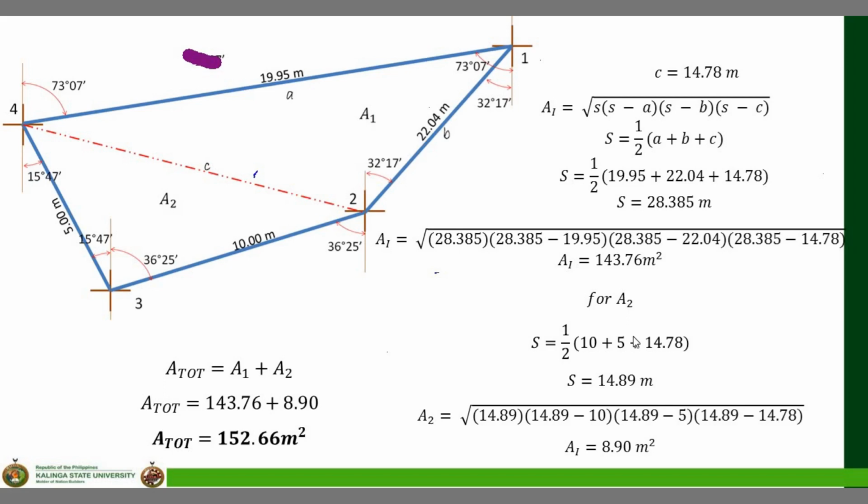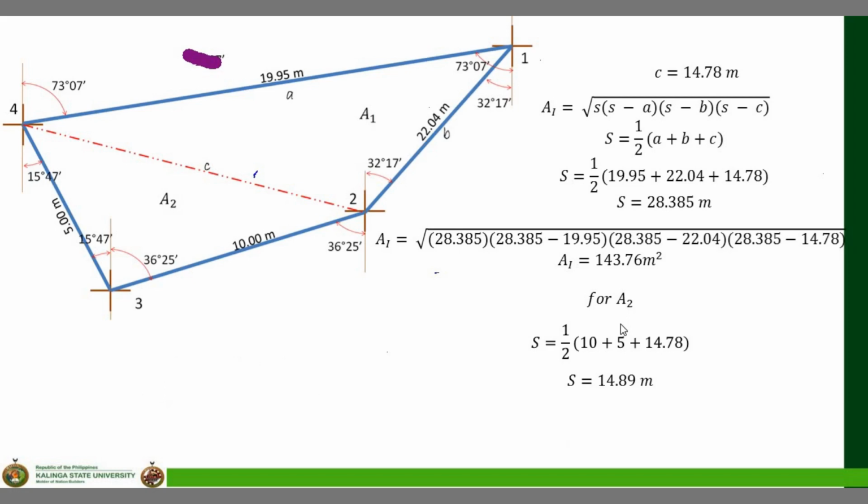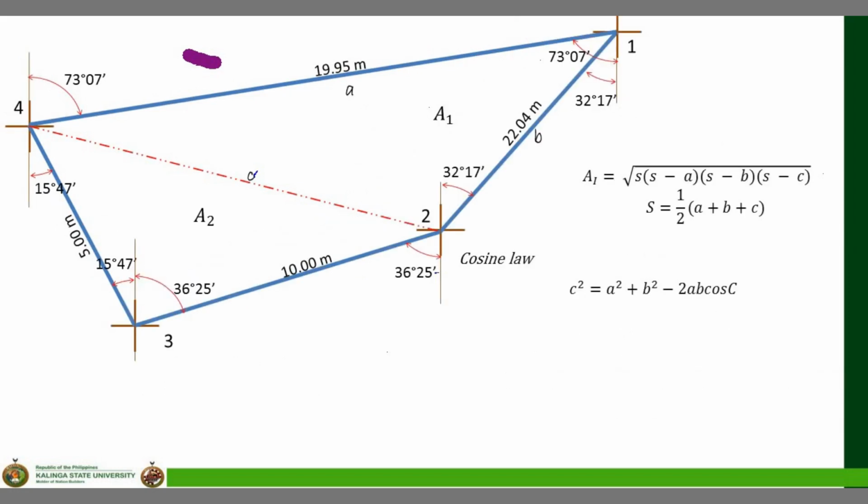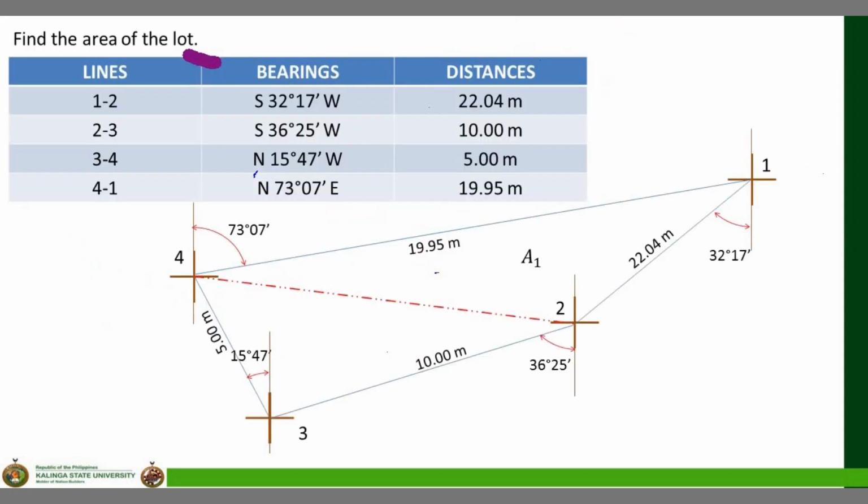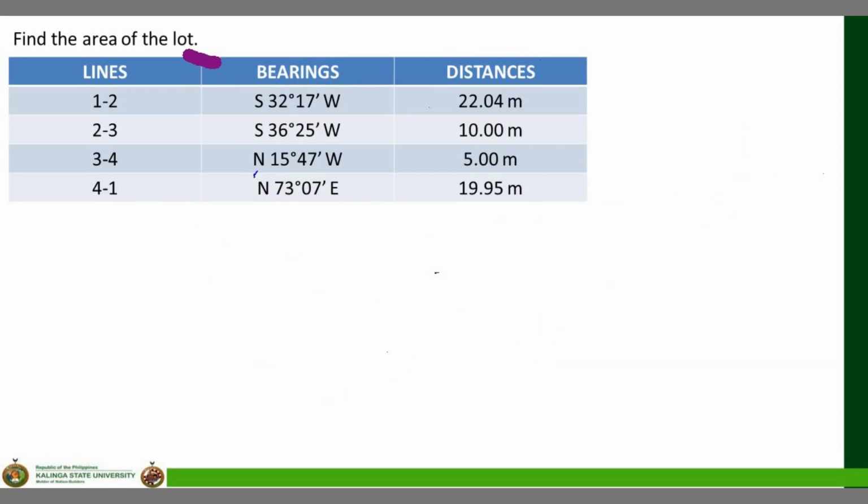So, kung walang question, before I go to the next slide, try to solve the same problem. Try to solve the same problem, itong problem na to. But this time, ang gamitin ninyong formula for the area, wag niyong gagamitin yung Heron's formula. Try to use the other formulas to determine the area of this lot. Then, try to compare your answer.